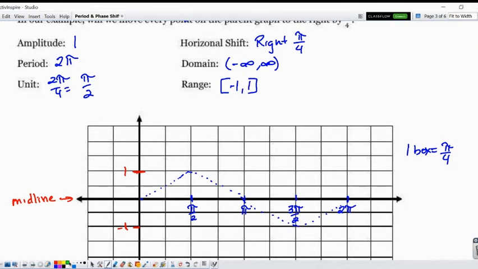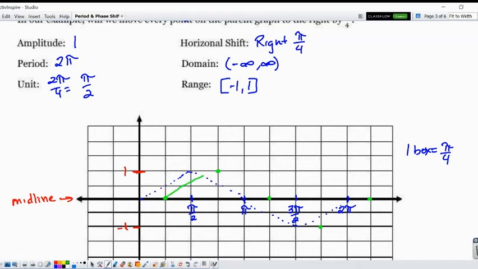So I'm going to do my final graph in green. I'm going to take this first point that's at 0, 0, and I'm going to move it to the right by one box. I'm going to take this maximum and move it to the right by one box. This midline value, this x-intercept to the right, this minimum to the right, and this x-intercept to the right.